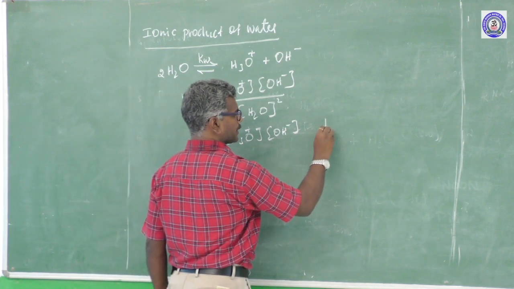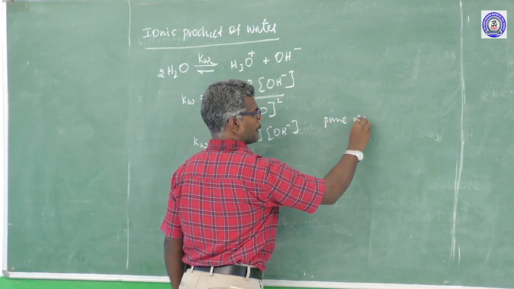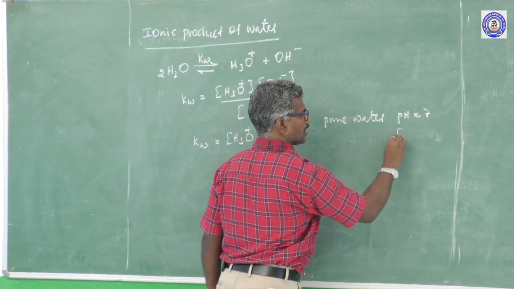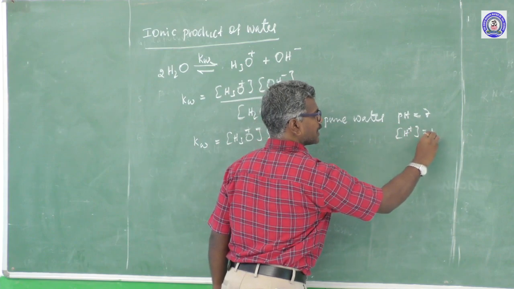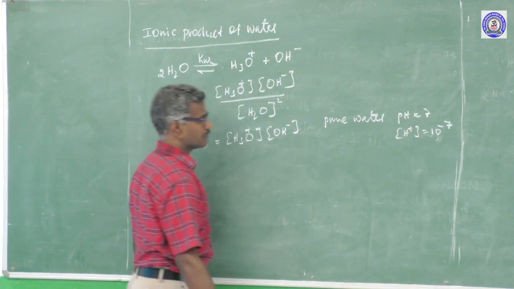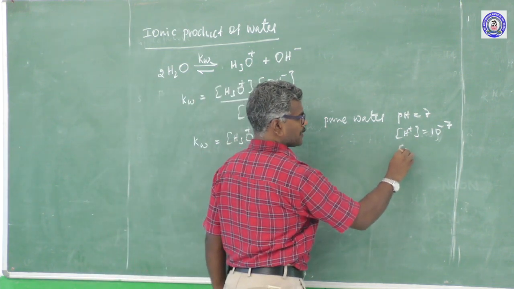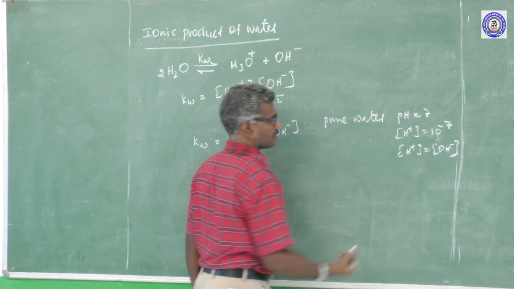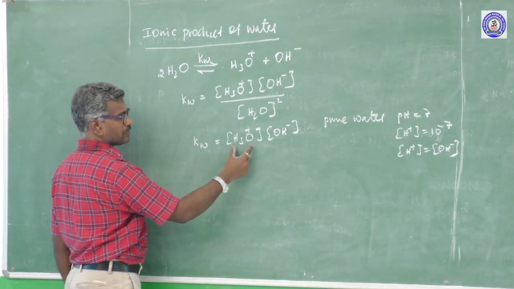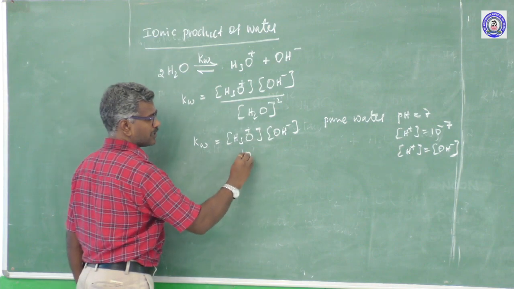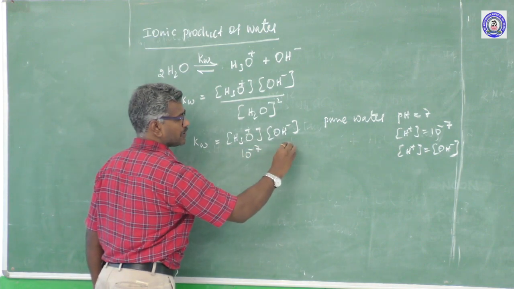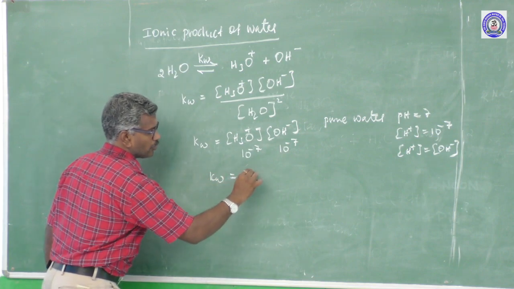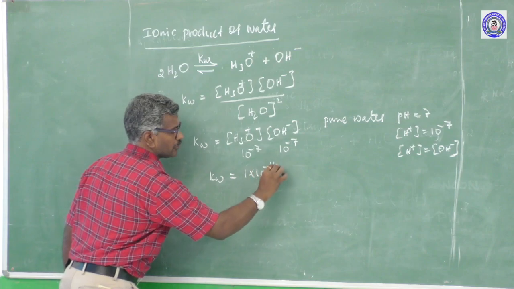For pure water, pH equals 7, H plus concentration is 10 power minus 7. Here H plus concentration is equal to OH minus concentration. H plus concentration is nothing but hydronium ion, so this is 10 power minus 7, and this is also 10 power minus 7. The Kw value is 1 into 10 power minus 14.